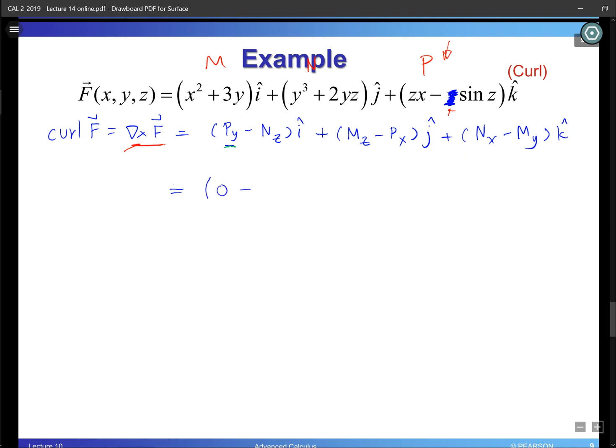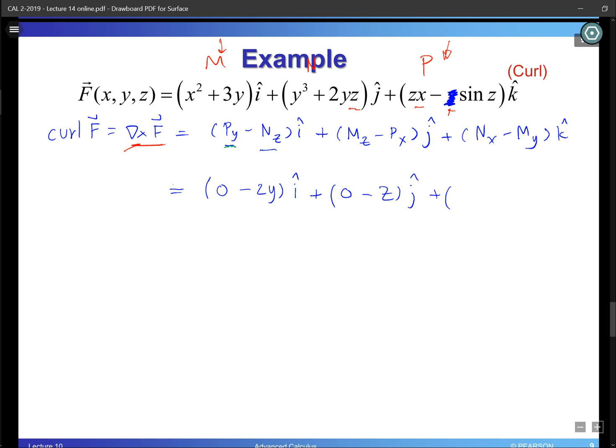Now, I differentiate N with respect to Z. I look at N, I see Z right here, so if I differentiate this with respect to Z, I get 2Y. And that is the first component. Plus M with respect to Z: I don't see Z in there, so this is going to come out to be 0. Now, differentiating P with respect to X, I see X right here, so I get Z. And that is the second component.